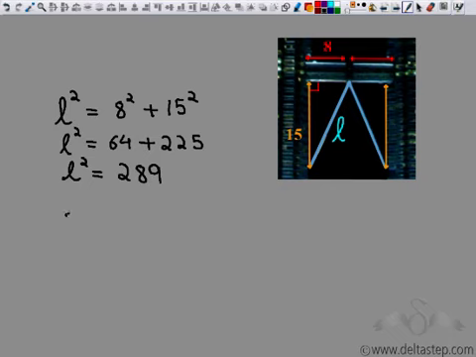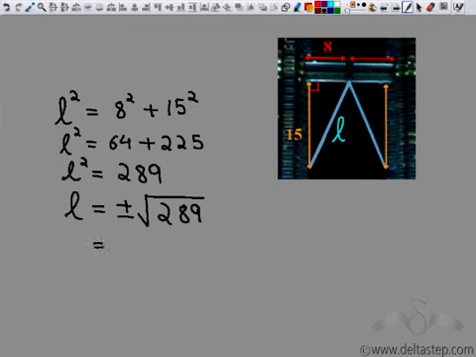So taking square roots, I get L would be, now negative square root can be neglected. Why? Because we want to find the length of this beam, and the length will always be positive. So I can ignore this negative square root here.